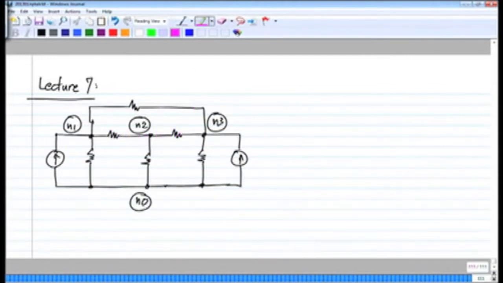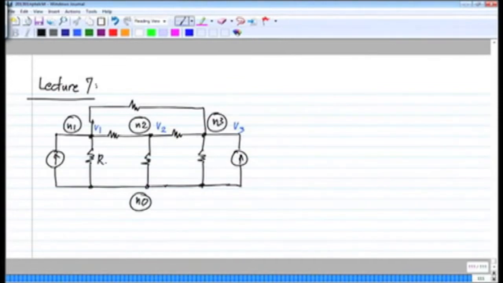Okay. Now, that means the voltage here is V1, voltage here is V2, and the voltage there is V3.